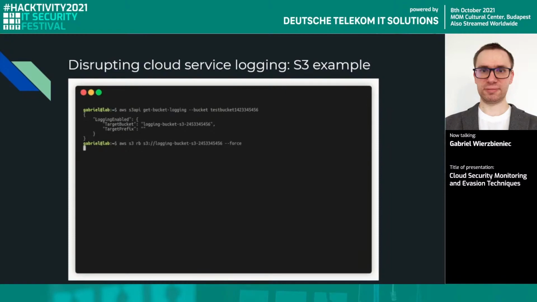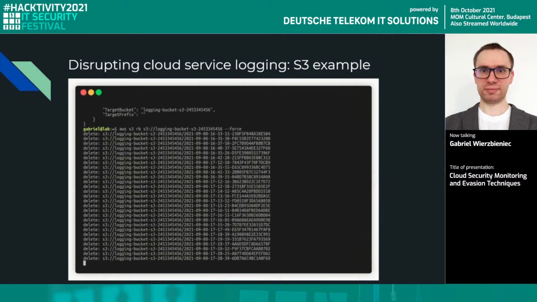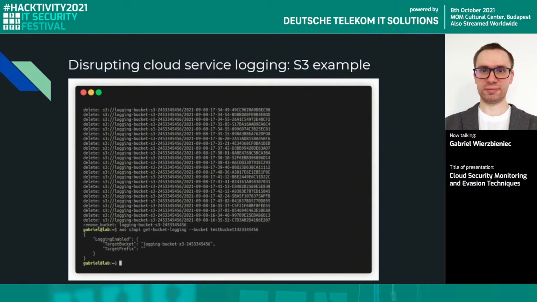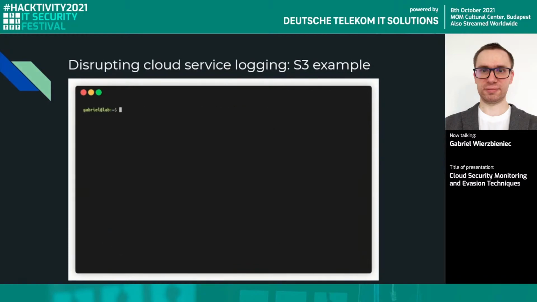We can just remove the bucket that contains the logs. s3 rb, the name of the bucket with logs, --force, and the bucket is deleted with all the contents, just like this.